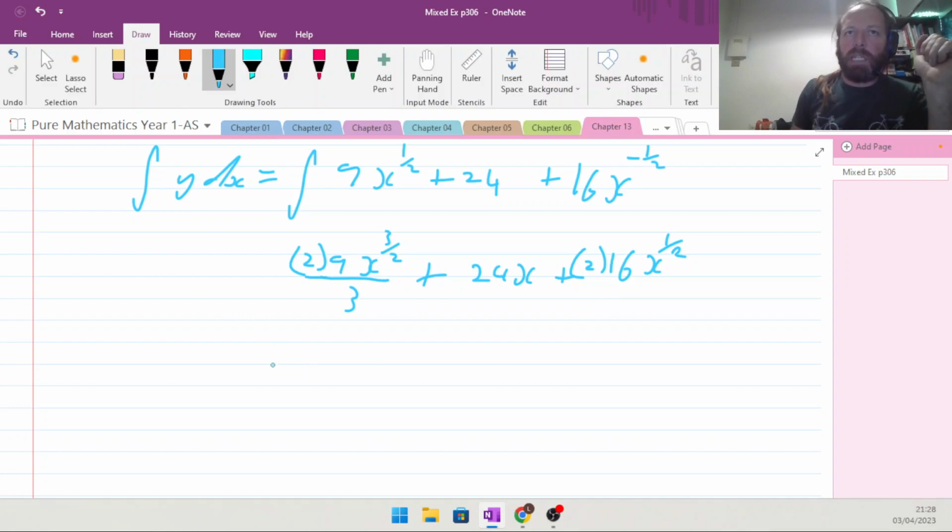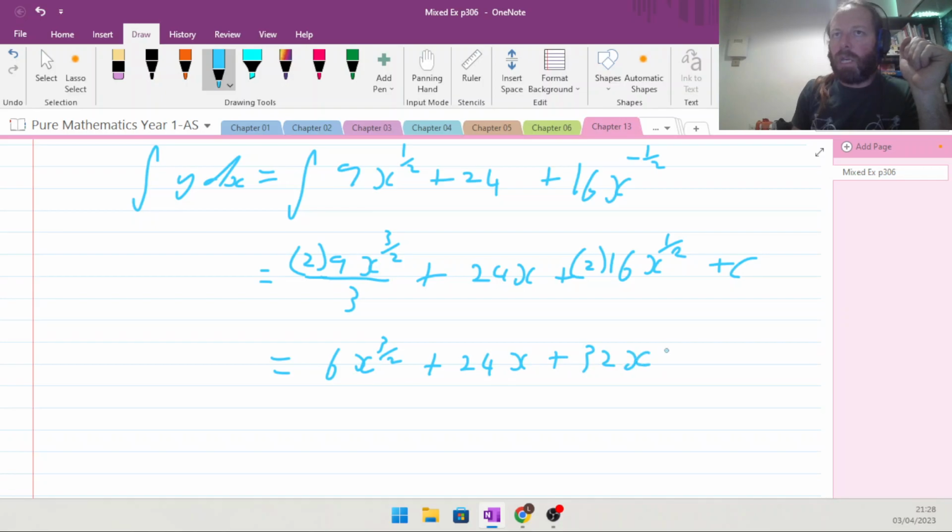Okay, and so the integral becomes 2 9s 18, which divided by the 3 is 6, x to the 3 over 2, don't forget your plus c, like I did, plus 24x plus 32x to the half plus c.